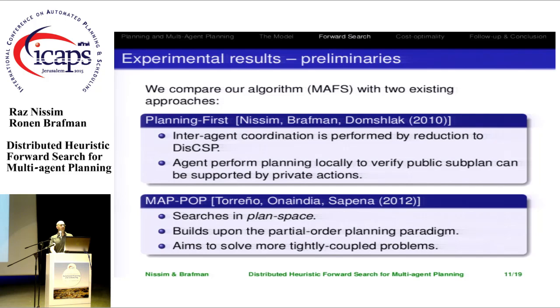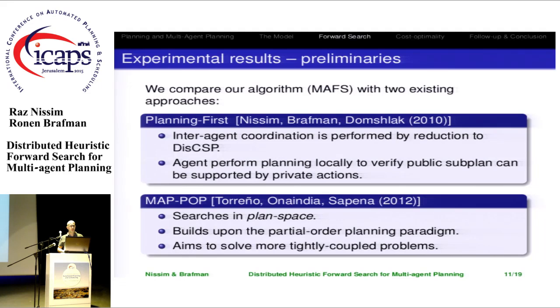So let me discuss the experimental results and some preliminaries. I'll tell you what I compare to. At the time when we wrote this paper, there were two methods for distributed search. One was planning first, a paper from 2010, which uses distributed CSP to take care of the public part of the problem, and local planning to take care of the private part.